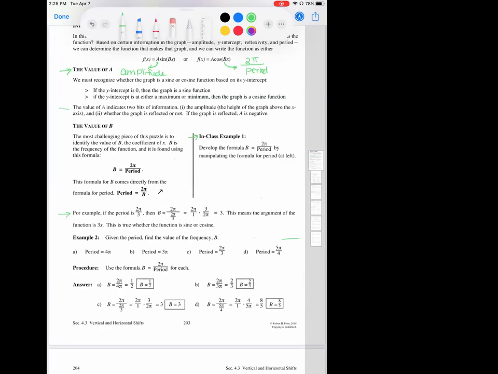For example, if the period is 2 pi over 3, then b is equal to 2 pi, and then we have here that 2 pi over 3, which is a period. And remember how you divide fractions?